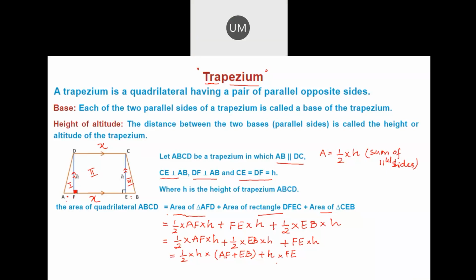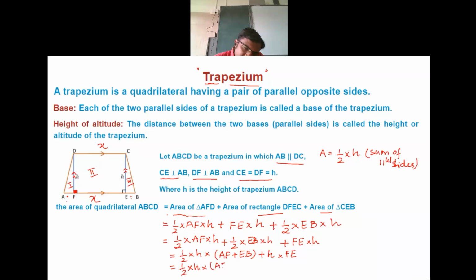FE should be added along with this. Then we get one of the sides. I want you to think now. I'll write till this part as it is. Then I'm going to continue by writing half h into FE plus half h into FE.